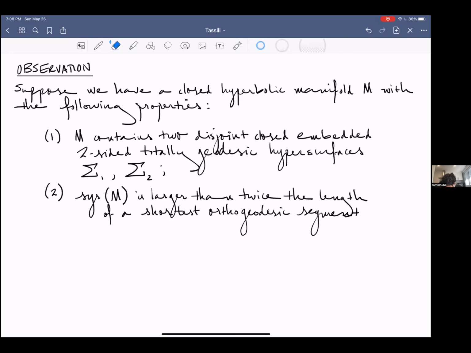Segment omega in M with endpoints on and orthogonal to the union of these two hypersurfaces.